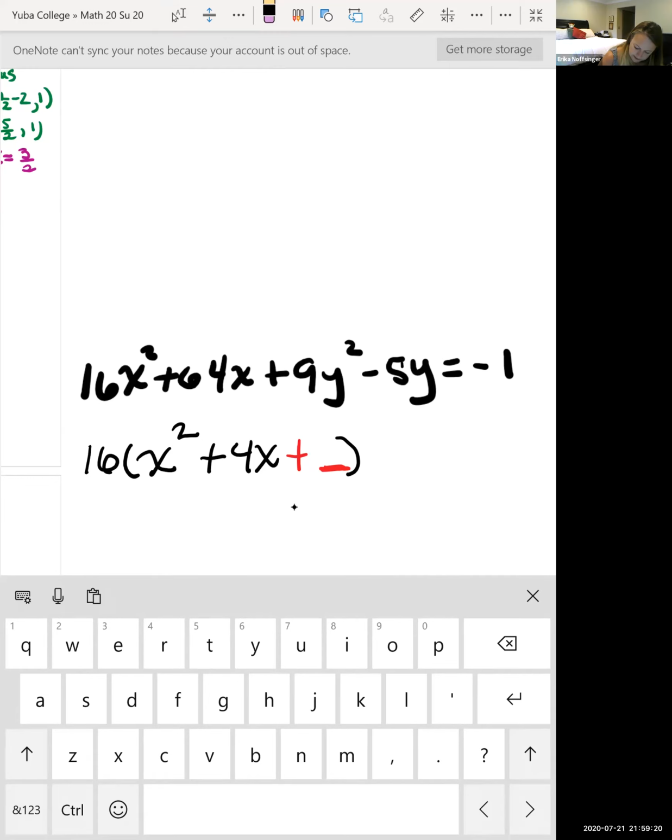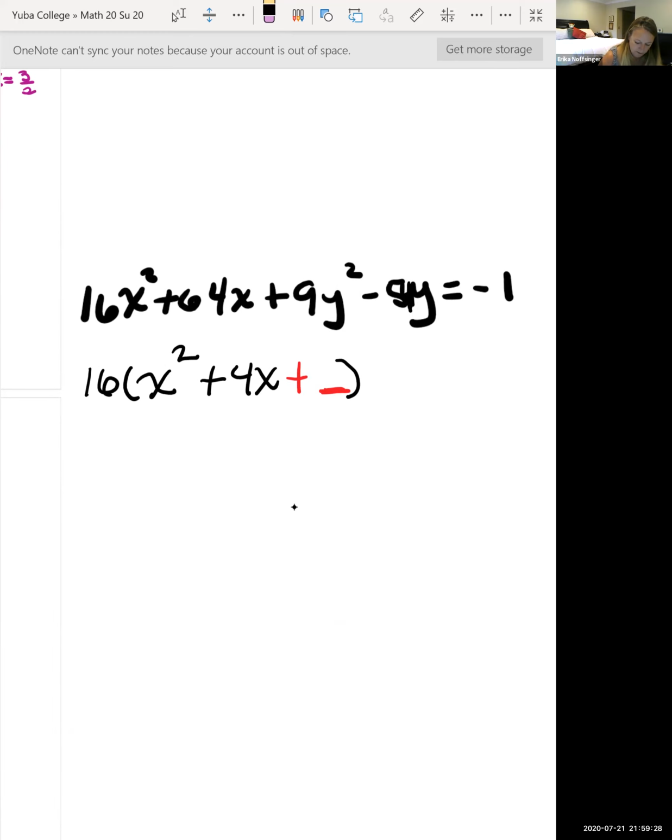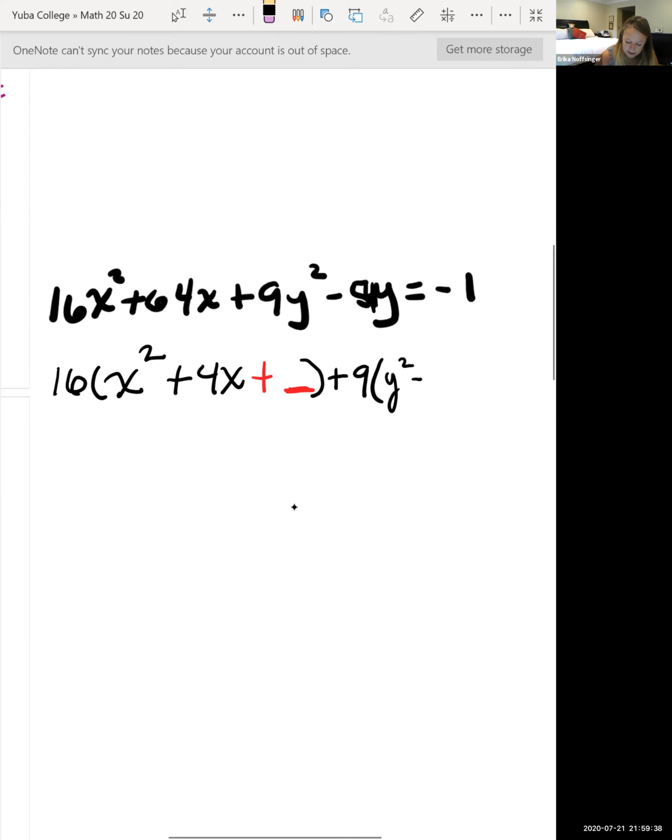I'm squeezing in the 4. 54y. So pulling out a positive 9 from just the y terms, we would get y squared minus, so 6 times 9 is 54, so minus 6y.